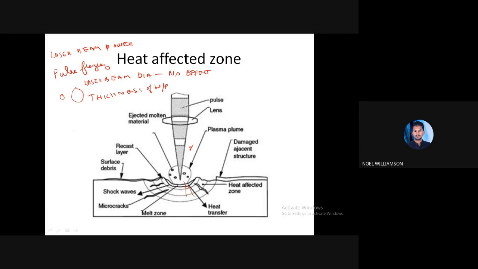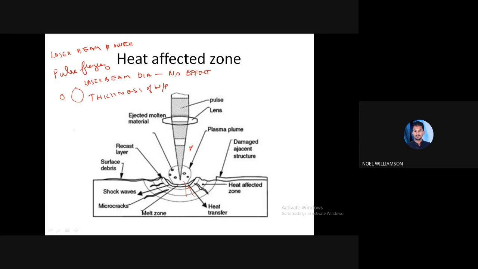The time of contact of the laser beam with the workpiece decreases when the speed is increased. As a result, the heat affected zone will be lower, or a narrow heat affected zone will be there.